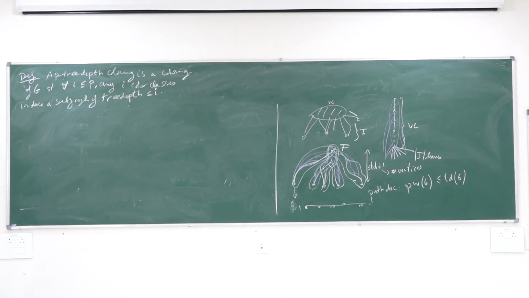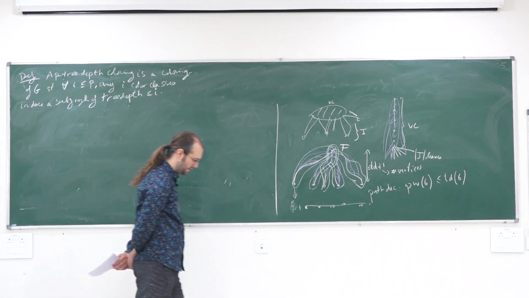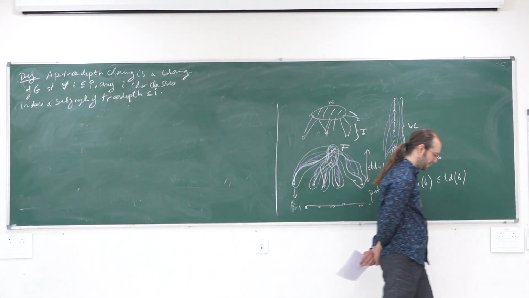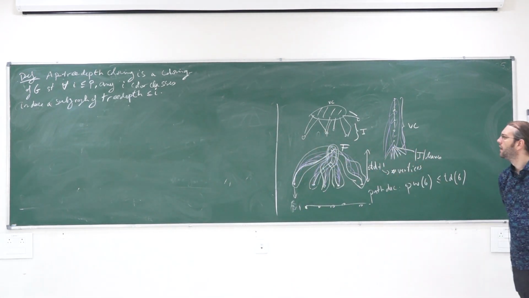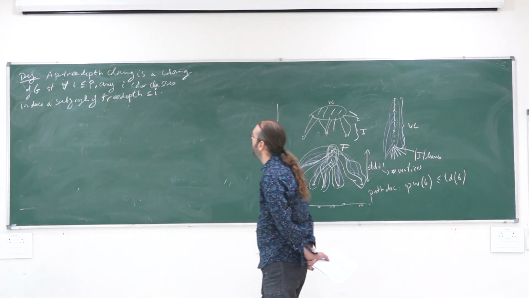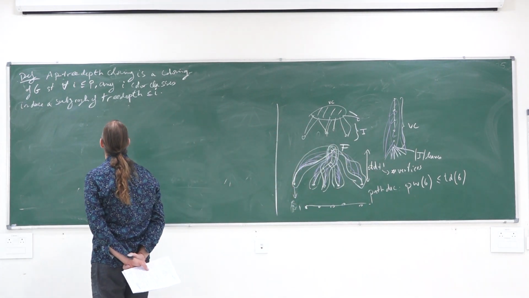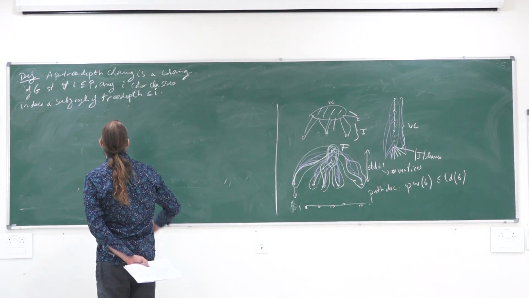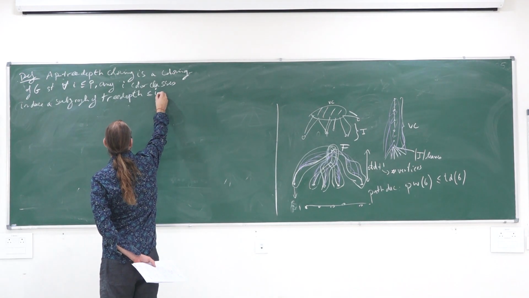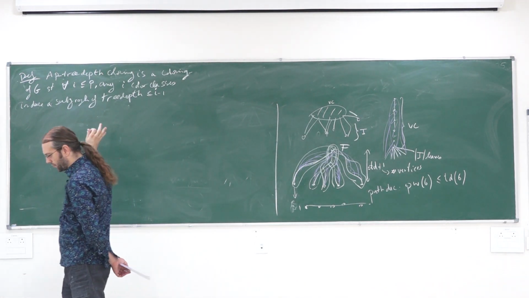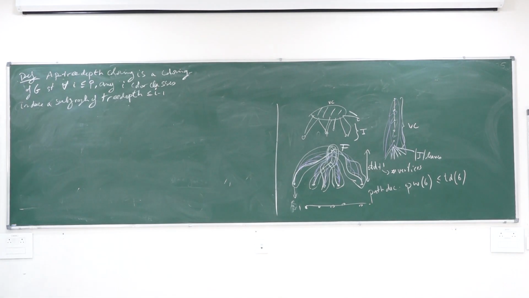Notice that essentially what I would like is that for one color class I get an independent set.